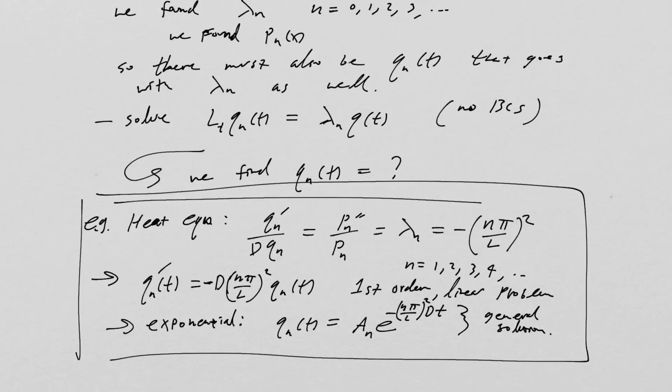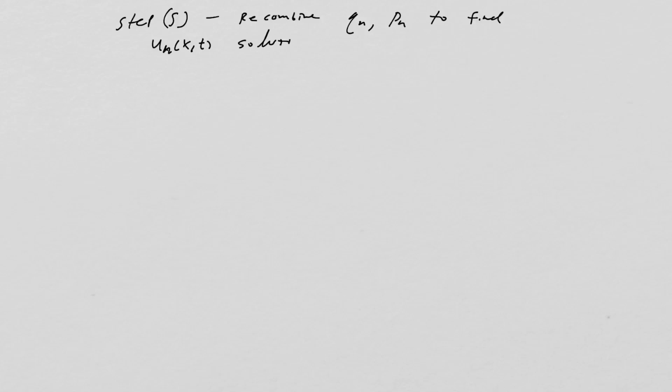So now we go on to step 5, which is recombine the Qn and the Pn to find Un of x comma t solutions.